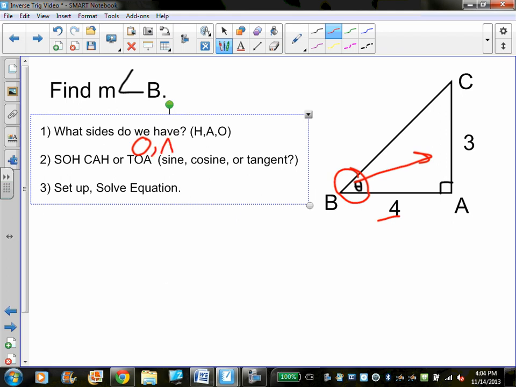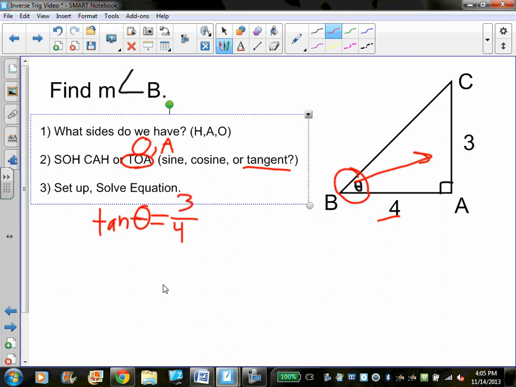So we have O and A, which means we're going to use tangent. Setting that up, we're going to have tangent of theta equals, we don't know the angle yet. Tangent is opposite over adjacent. So our opposite side was 3, and our adjacent was 4.